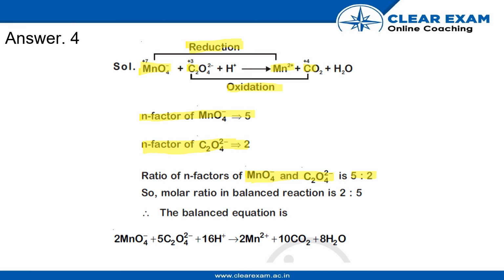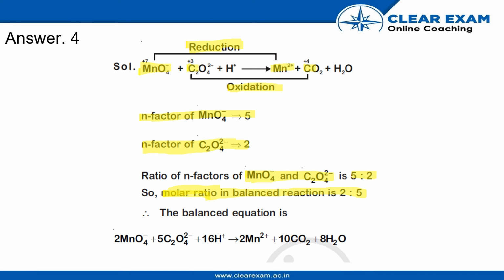Since the molar ratio is inversely proportional to, or is the inverse of, the n factor, the molar ratio in the balanced reaction would be 2 is to 5. The ratio of n factors was 5 is to 2, so the molar ratio is just the inverse, 2 is to 5.